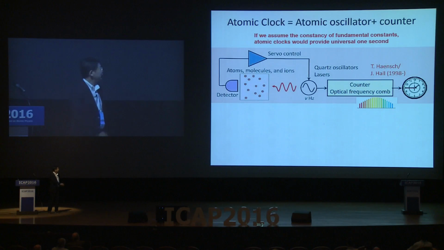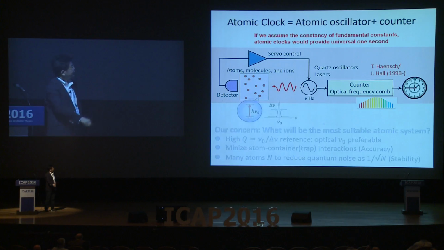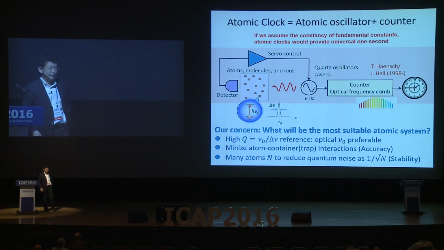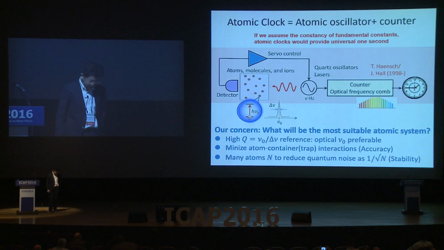So atomic clocks reference atomic ensembles to correct the oscillator frequency. And what we are doing is to find the good system for this atomic reference. For this purpose, we proposed the optical lattice clock.